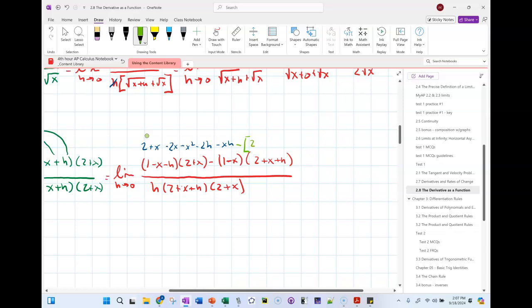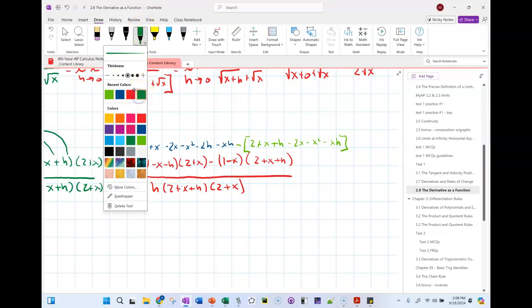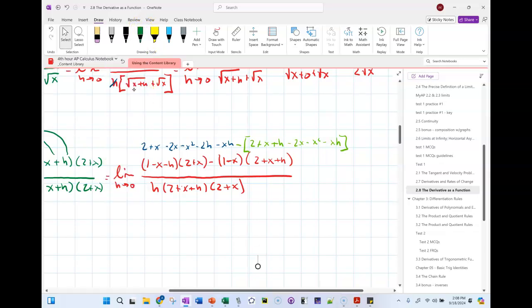And the other one, I have 2 plus x plus h minus 2x minus x squared minus xh. Everybody okay there?